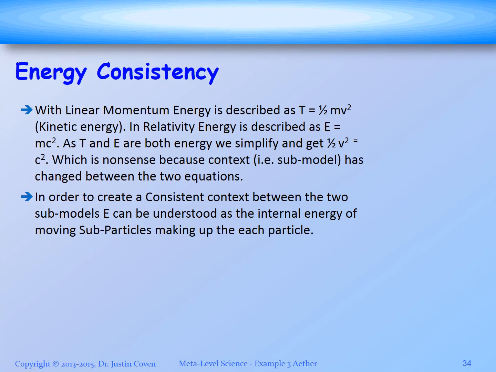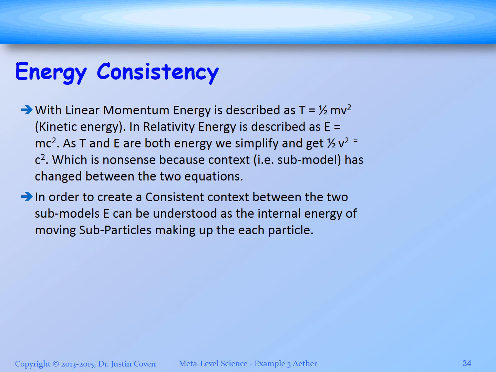Energy consistency. With linear momentum, energy is described as kinetic energy equal to 1/2 of the mass times the velocity squared. In relativity, energy is described as energy equal to mass times the speed of light squared.